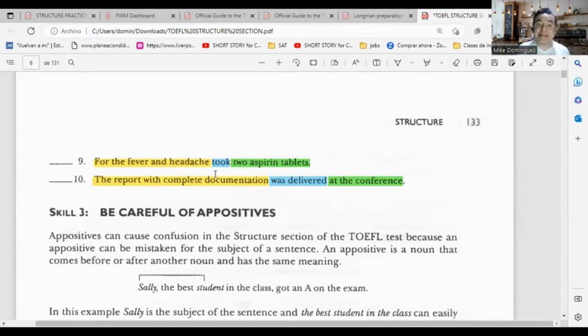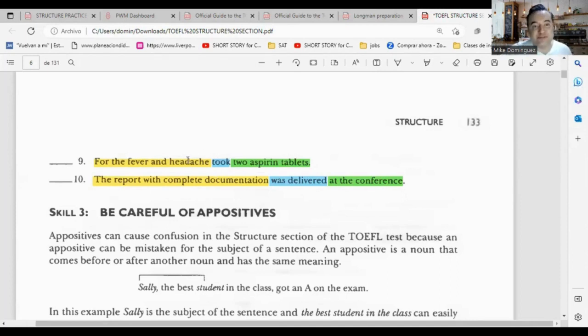Well, actually, that section is where the subject should be. We already have a subject, right? Yeah, but this subject doesn't match. Remember, every verb should be complemented with a subject, and fever and headache are not complementing the subject.